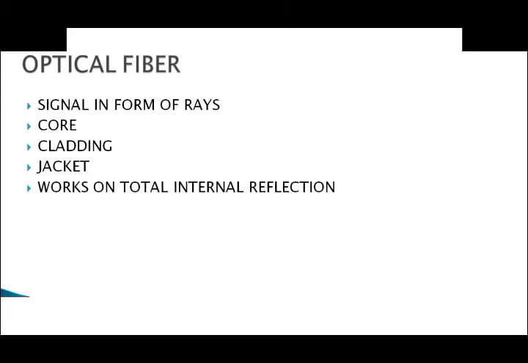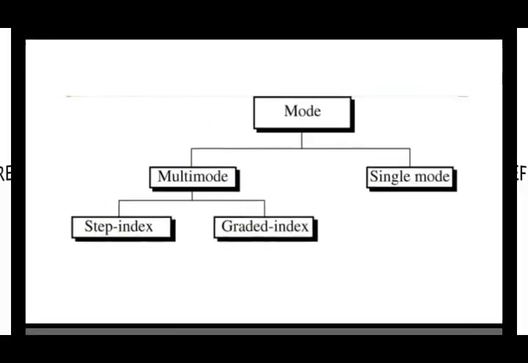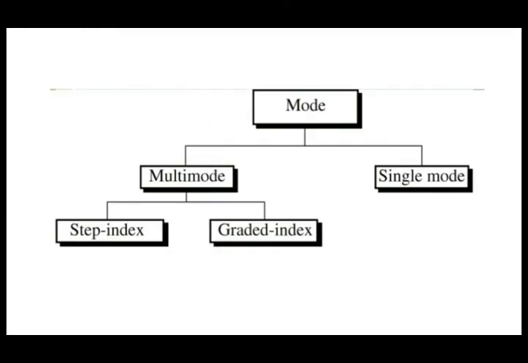In the next slide, optical fiber works on total internal reflection. Optical fibers work on different modes. Here the different modes are given. First is multimode, single mode. There are subtypes in multimode, that is step index and graded index.